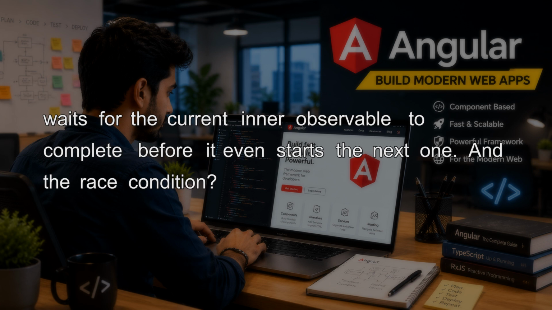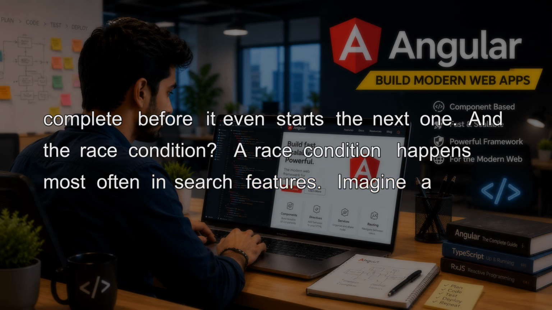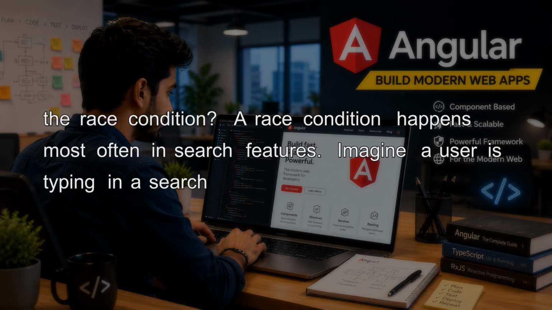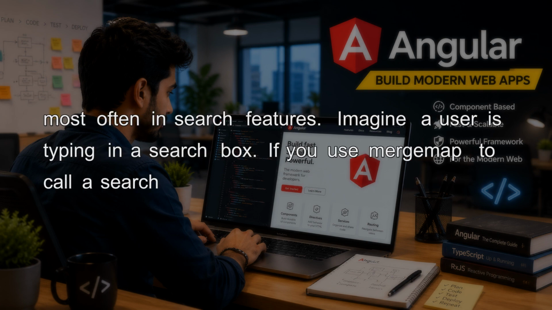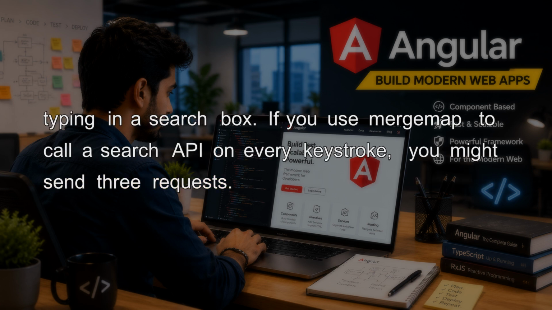And the race condition? A race condition happens most often in search features. Imagine a user is typing in a search box. If you use merge map to call a search API on every keystroke, you might send 3 requests.